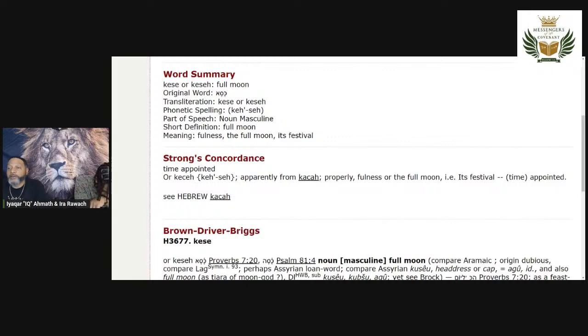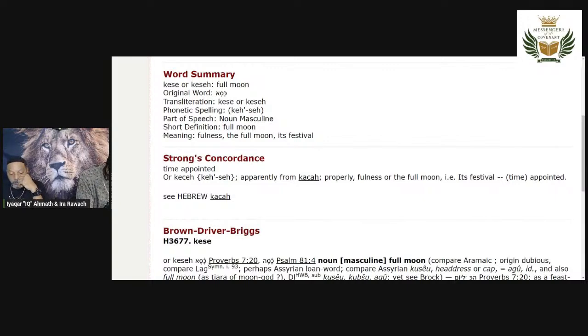Okay, so the moon is to determine even those solemn feast days. Here we have what's known as a solemn feast day or a Chag festival. These are days of solemnity, and these are the days like we mentioned before, from Tabernacles to Passover, and so forth and so on. So continue reading down to verse 5, and then we'll jump back in.